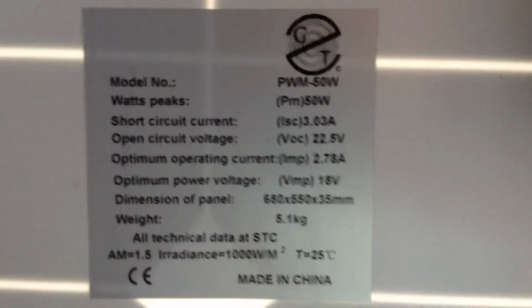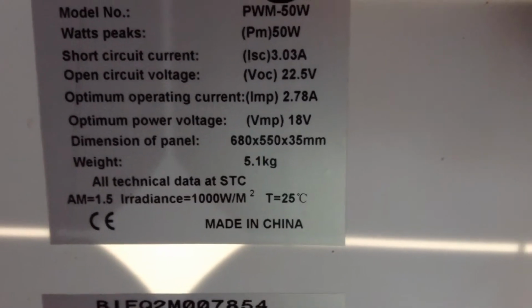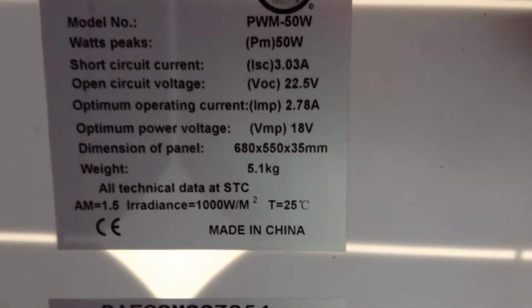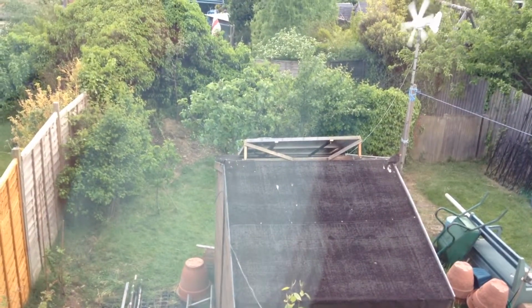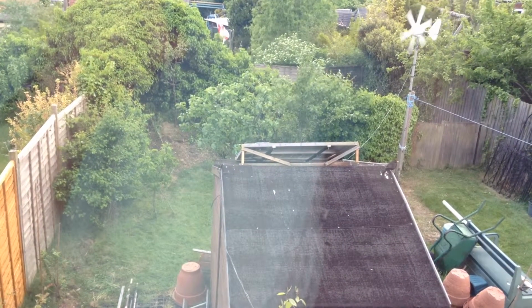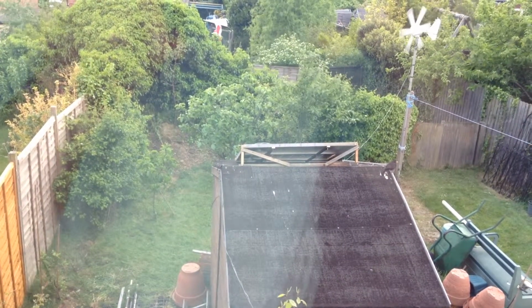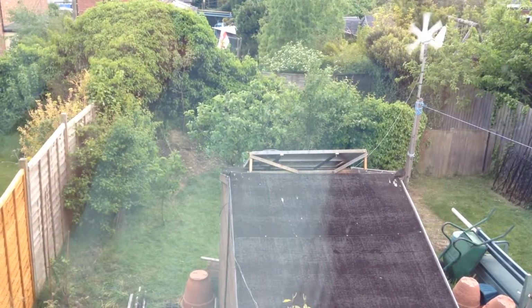Now that's alright when the solar panel is at 25 degrees Celsius. In the real world, outside, when your solar panels are exposed to the sun, they absorb the sun's radiation, and they also heat up. They get hot.